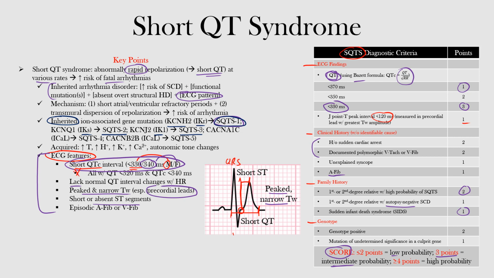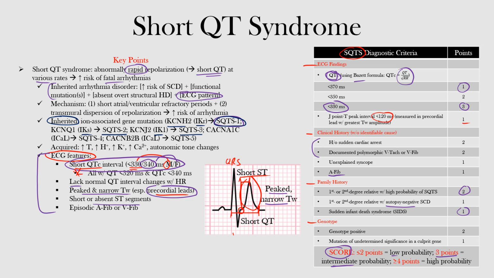So those are good cutoffs to use. Again, remember these patients tend to lack normal QT interval changes with heart rate. You tend to see these peaked and narrow T waves as we saw here, especially in those precordial leads. You'll have a short or absent ST segment as well as possibly these episodic atrial fibrillation and ventricular fibrillation coming on and off in these patients, okay?